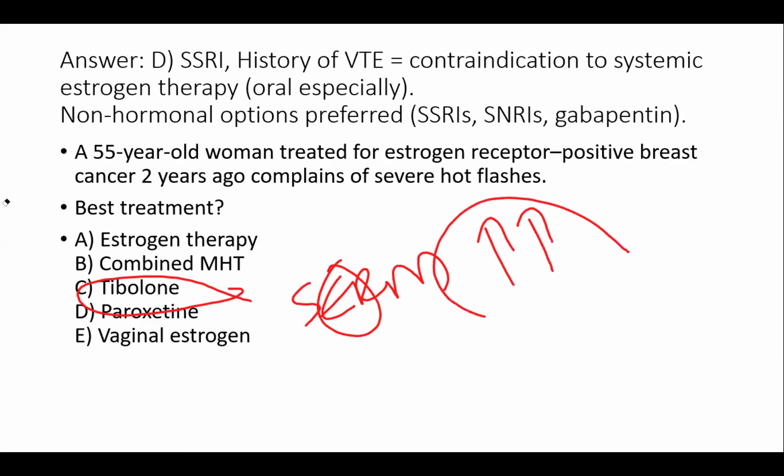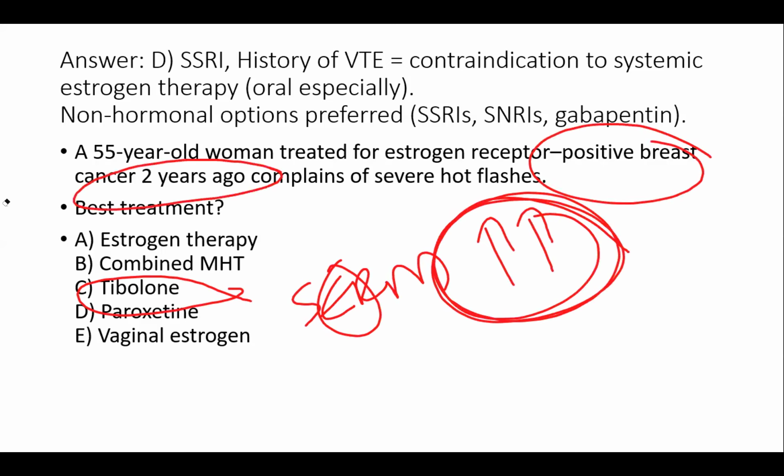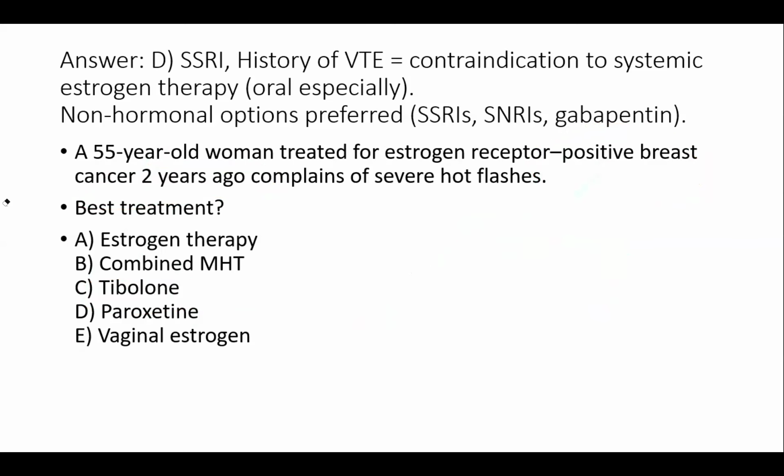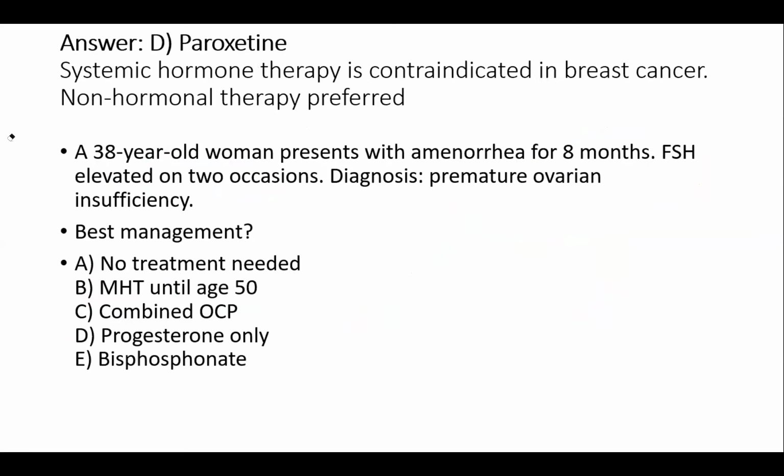But the problem is whenever the estrogens are increasing, positive breast cancer. So that's why you cannot give any treatment which increases the estrogen level. So that's why here the management would be paroxetine, because systemic hormone therapy is contraindicated in breast cancer.